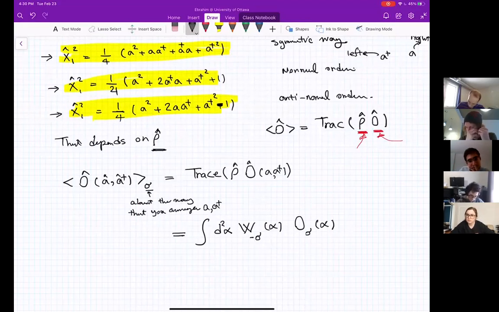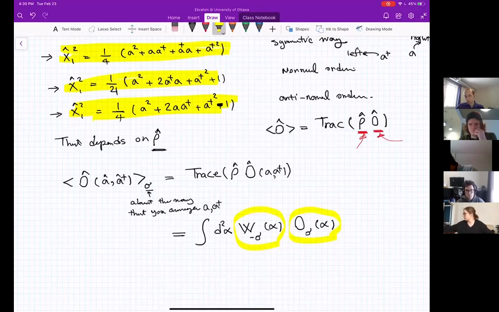So we want to find the expectation value. And the expectation value, for any way that you want to order the operator, will be associated to the opposite order of the probability distribution. This is important. You don't get it in books.